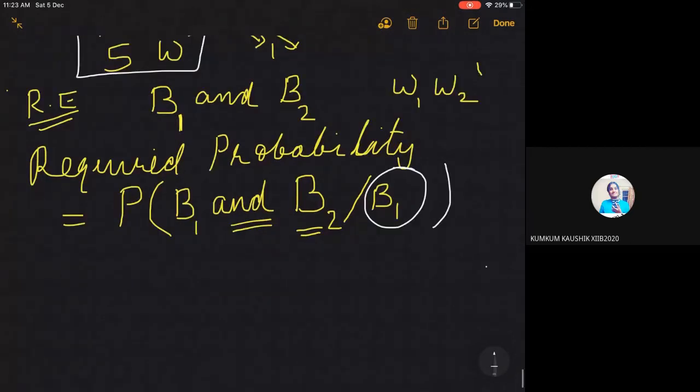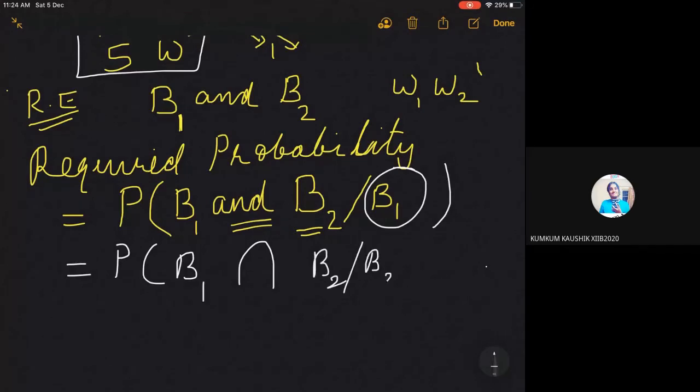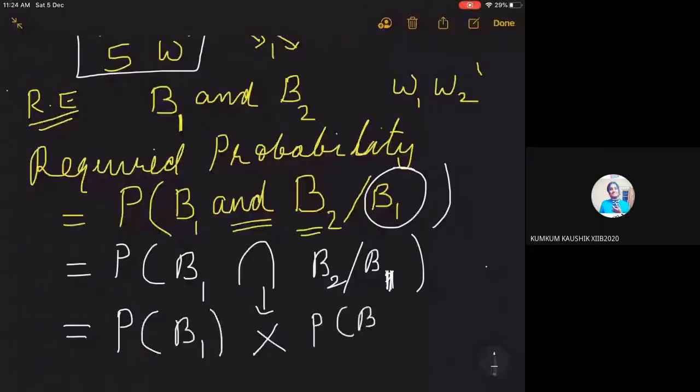The 'and' means intersection, B1 and B2 given B1. Now, according to our multiplication theorem, this 'and' will be converted into multiplication. So what will be the probability? Probability of B1 into probability of B2 given B1.